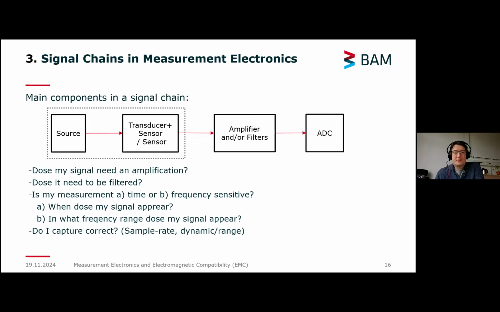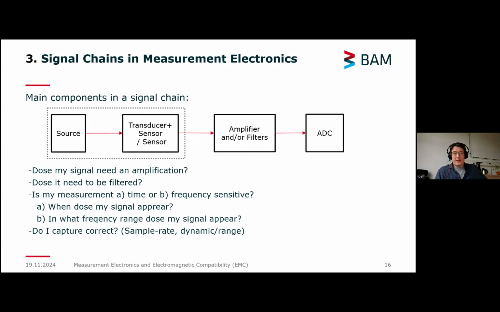If it's time sensitive, for example, if you want to measure the travel time of an ultrasonic wave, you would have to use a high frequency ADC, or analog digital converter, to get the proper timing of your signal when it arrives.